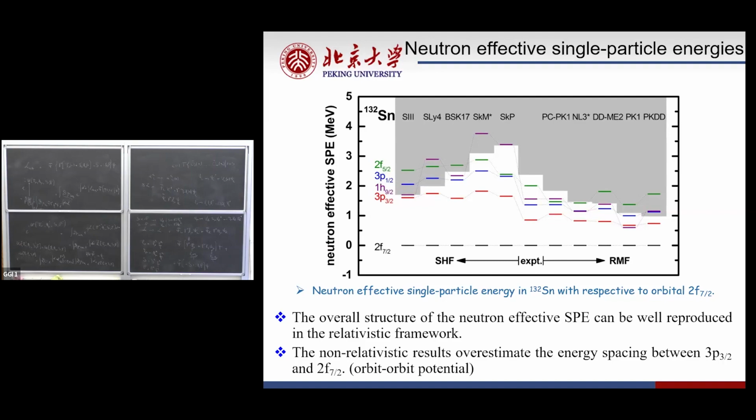Then you will find the relativistic predictive power is really satisfactory. The experimental values are more or less reproduced. But even in this Skyrme density functional, in most cases, in particular this level 2f7/2, it differs.